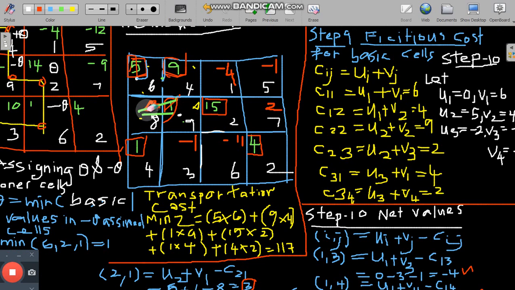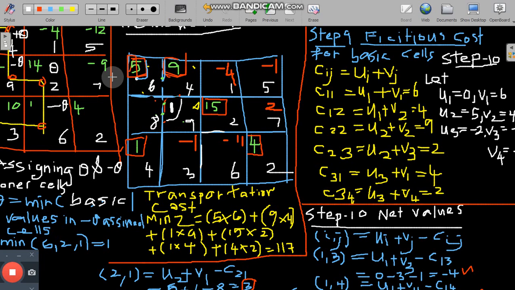Here one should come, and afterwards we'll fill this up. I think the software is not working. Then here nothing is there, and here we have one.